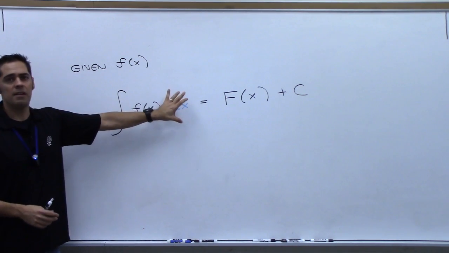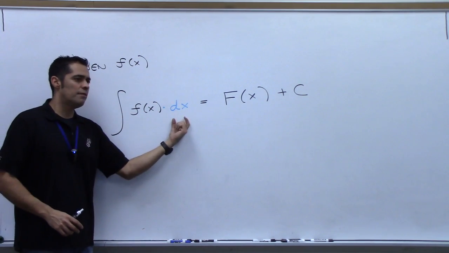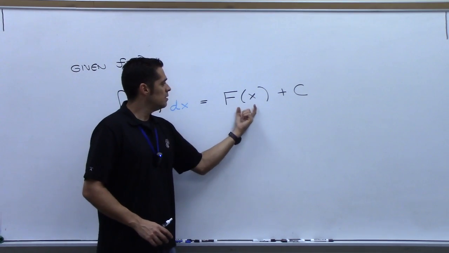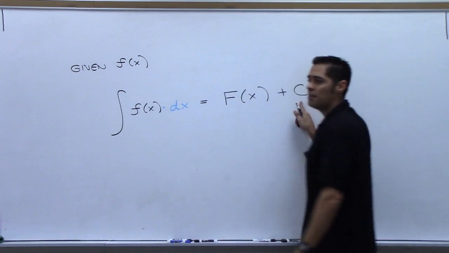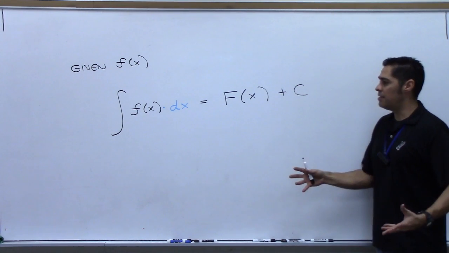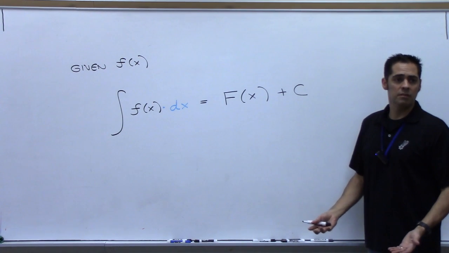That's the integral sign, the integrand, the differential. This is the general antiderivative. This is called the constant of integration. And the whole process of finding antiderivatives is called integration.